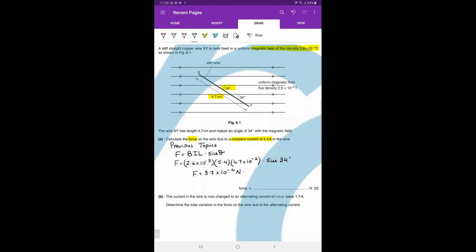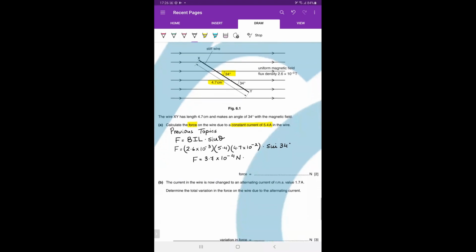Now in the second part, the question says, the current is now changed. Thoda carefully read karna. And from direct current, it changes to alternating current. Okay, so the direction of the current will keep on switching. And the RMS value is given to you as the 1.7.